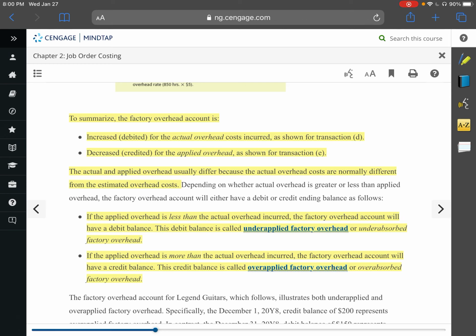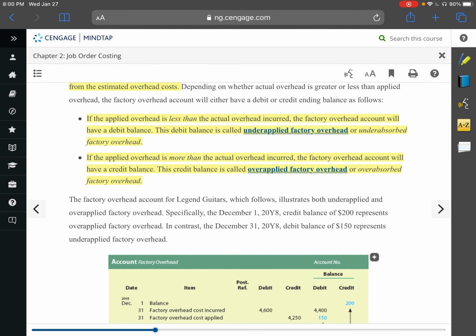If the applied overhead, which is our estimate, is more than what we actually incurred as overhead, then we would have overapplied factory overhead, and that would give us a credit balance. Okay, and that makes sense as well. Hopefully, it does for you guys.